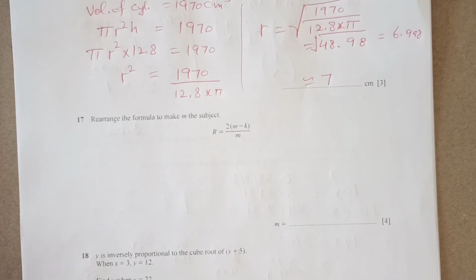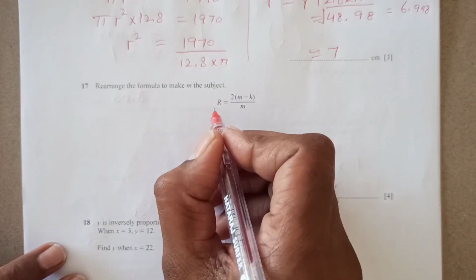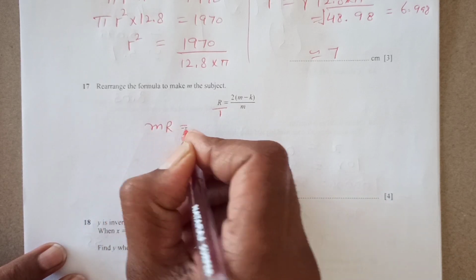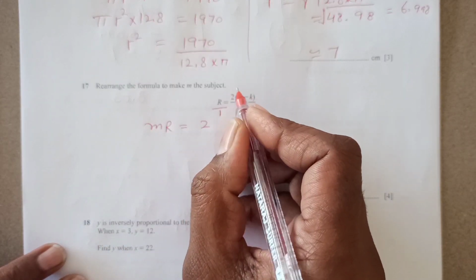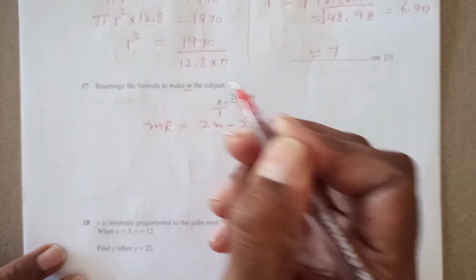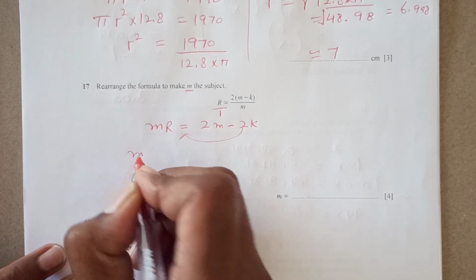Okay, now number 17. Rearrange the formula to make m the subject. So this is r over n. We are going to cross multiply. mr equals 2, just expand the bracket, 2m minus 2k. We are making m the subject. So shift this 2k to the other side.